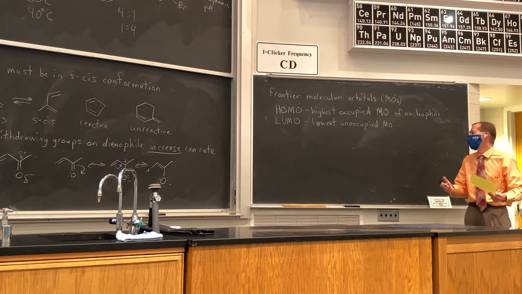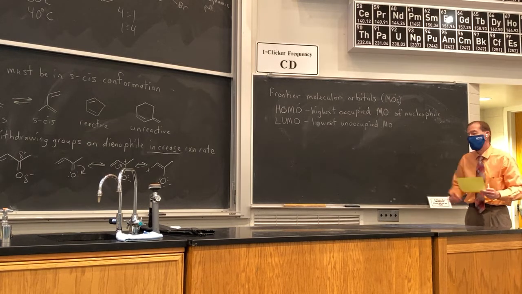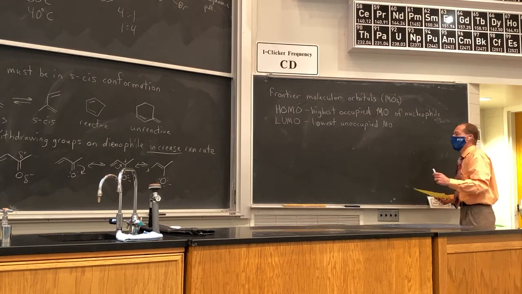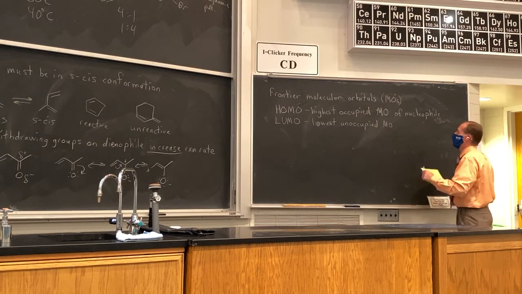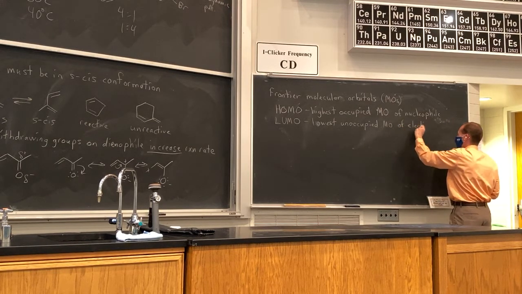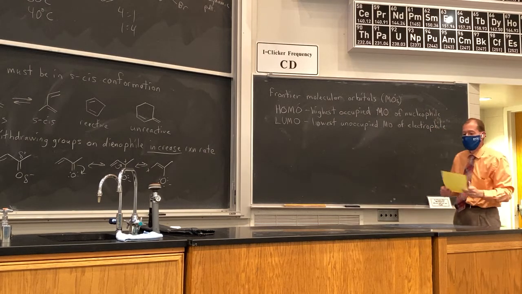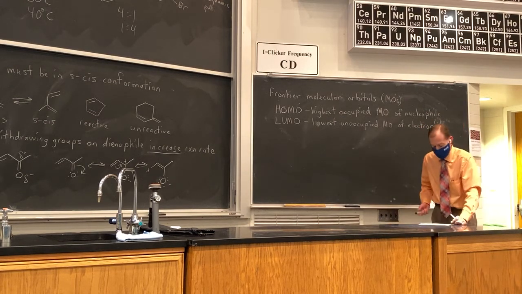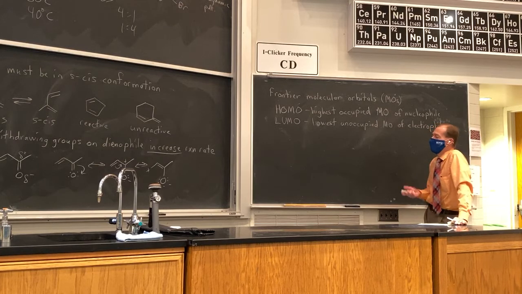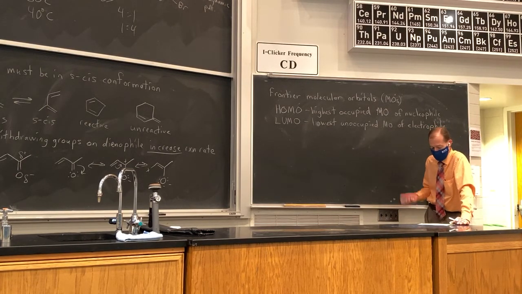And on an electrophile, it's going to be an unoccupied orbital that's getting attacked by electrons from the nucleophile. And it's going to be the lowest energy unoccupied molecular orbital of that electrophile that is getting attacked. So this is a general principle that applies to many reactions, not just the Diels-Alder reaction. But this is the first reaction that we're analyzing in terms of molecular orbitals.